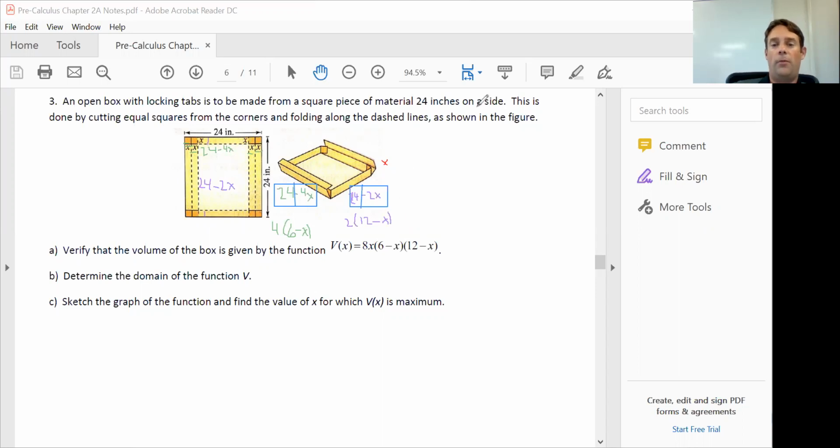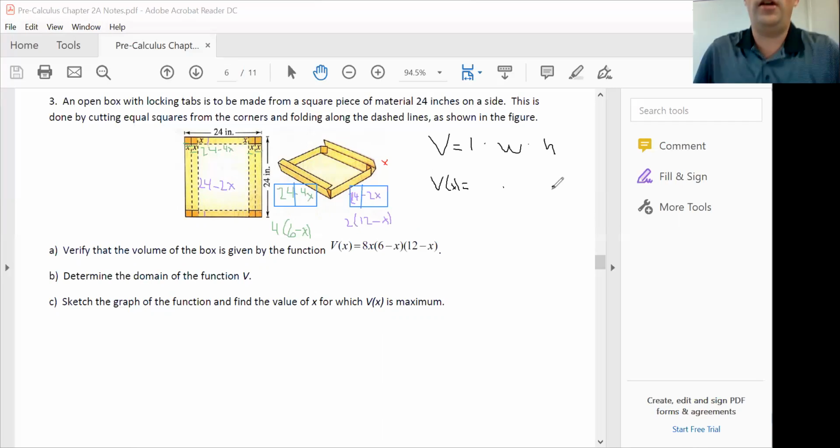So if I'm coming up with volume, volume is length times width times height. So volume, in this case, in terms of x, is going to be length times width times height.